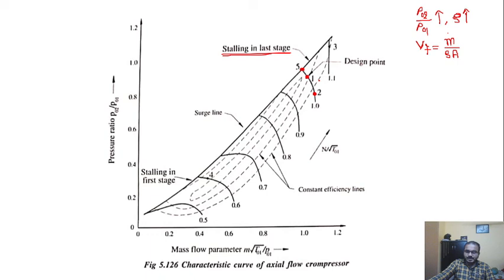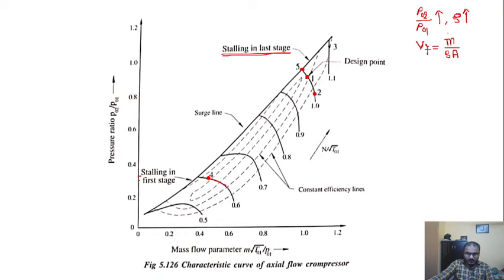Now you can see that if we focus on point number 4 here, for a small pressure reduction there will be a decrease in mass flow rate. A very sharp decrease in mass flow rate can be seen over here.